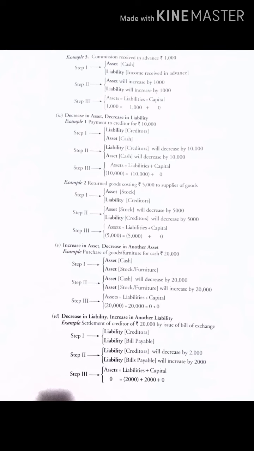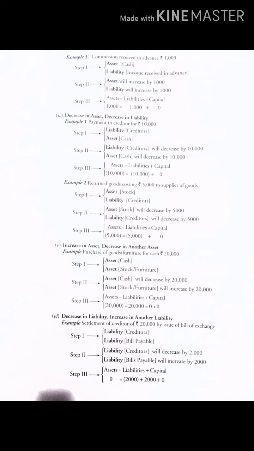Now what effect is it having? Stock, as goods are going, stock is reduced, that is a decrease. Equally, as creditors will receive the goods, my liability is also decreased. Again I'll check my equation, that is assets equals liabilities plus capital.